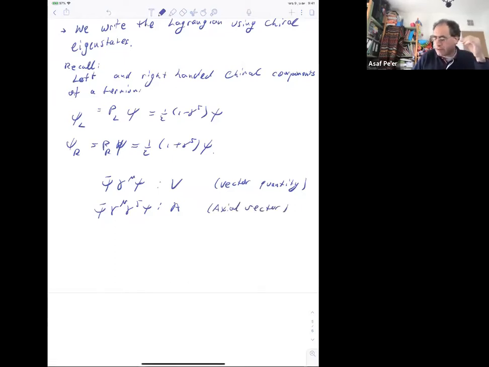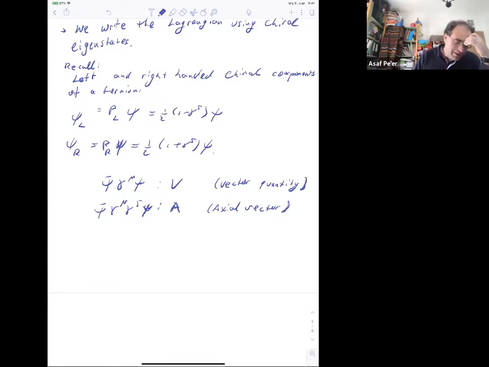I didn't prove it in class, but it does appear in my lecture notes. But you can read it there, or much better, you can derive it yourself. It's not a difficult derivation, if you get the idea. So I urge you to try to prove it yourself. See how they change under parity.